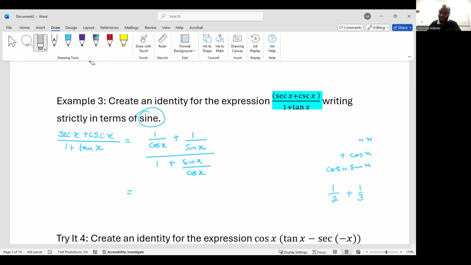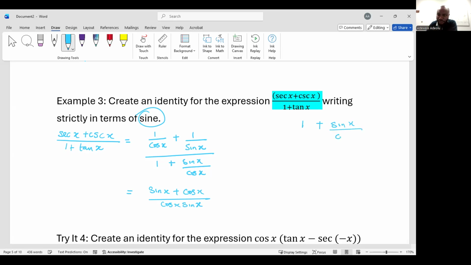Having done that, let us see. So meaning that for the numerator, I can say this is sine of x plus cosine of x divided by cosine of x, sine of x. For the denominator, 1 plus sine of x divided by cosine of x.